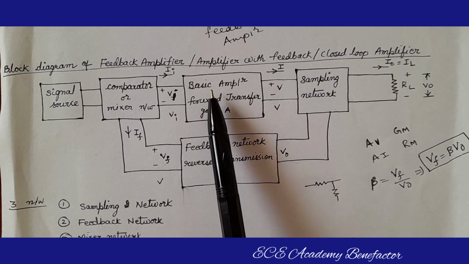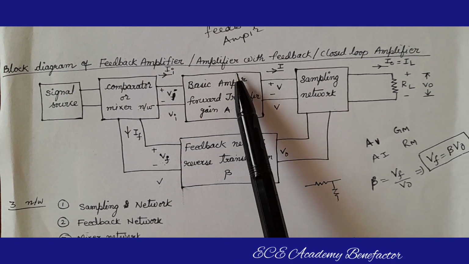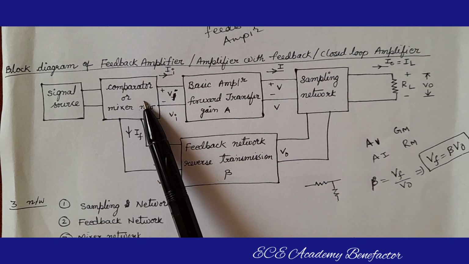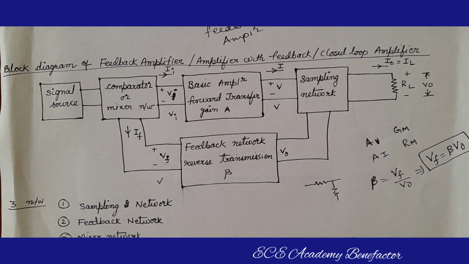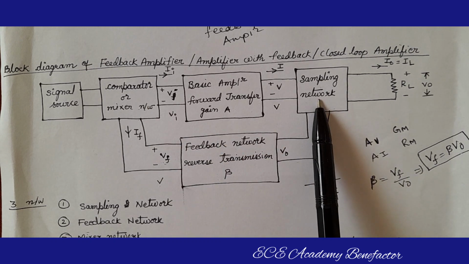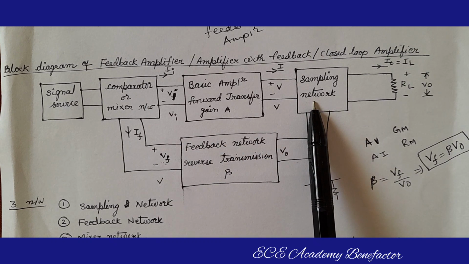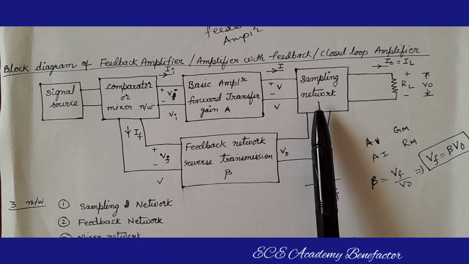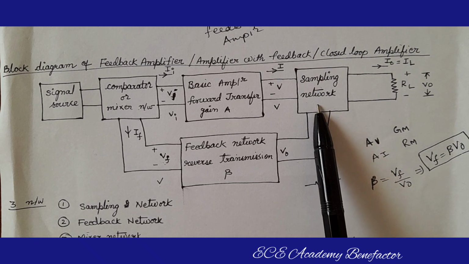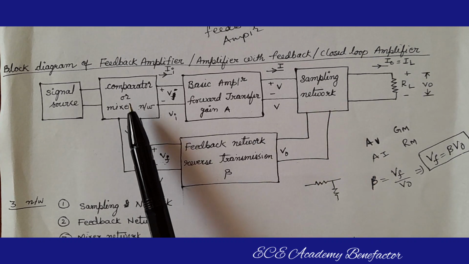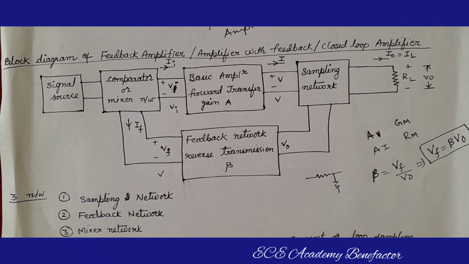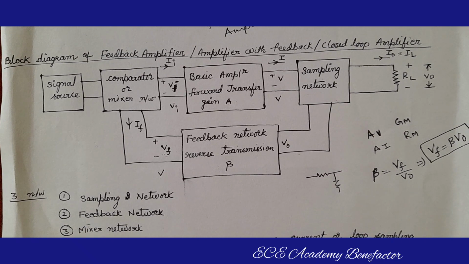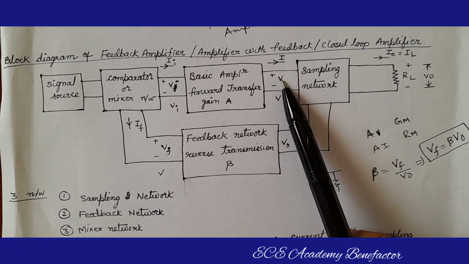Along with this amplifier, we are connecting the mixer network, sampling network and a feedback network. The sampling network can be voltage or current sampling. If it is voltage sampling, it is known as node sampling. If it is current sampling, it is known as loop sampling. So, there are 2 ways to sample the output according to the sampling parameter, whether it is voltage or current.